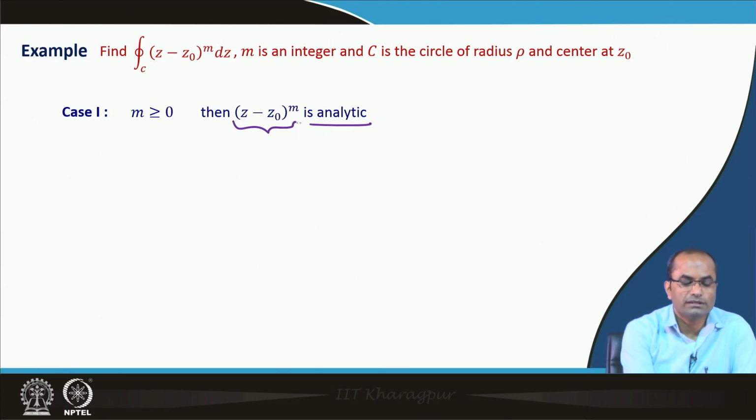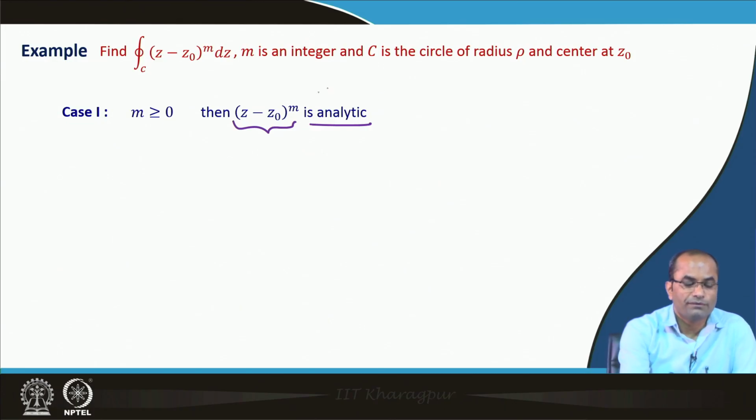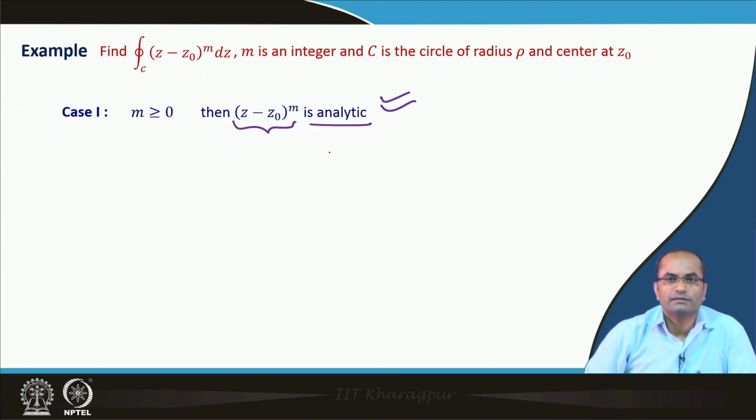So, this function is analytic on C and in the domain enclosed by C. We have just learned that once the function is analytic, we can easily use the formula in terms of the primitive, F(z1) minus F(z0), the initial and the final point. But here C is a circle, so it is a closed curve.